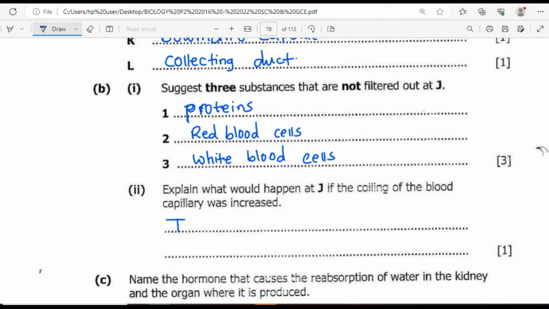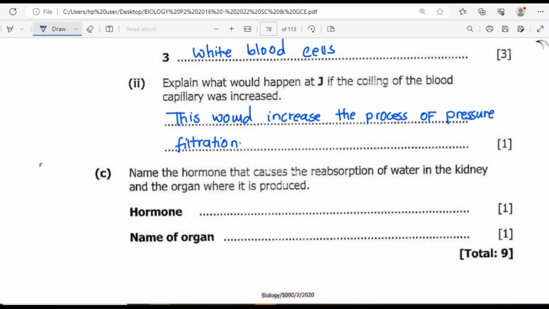So we'll say this would increase the process of pressure filtration, so most of the waste product will be removed.